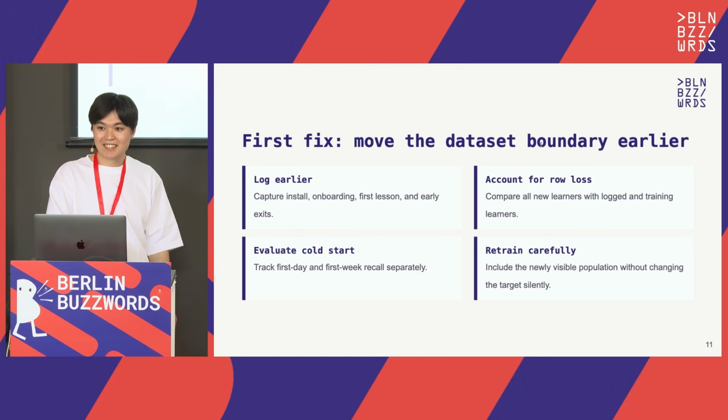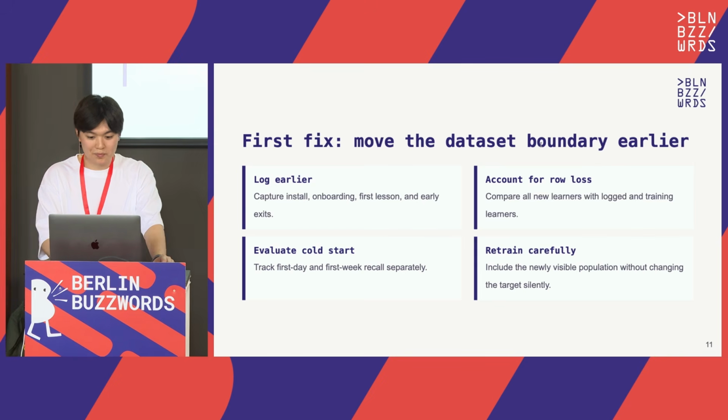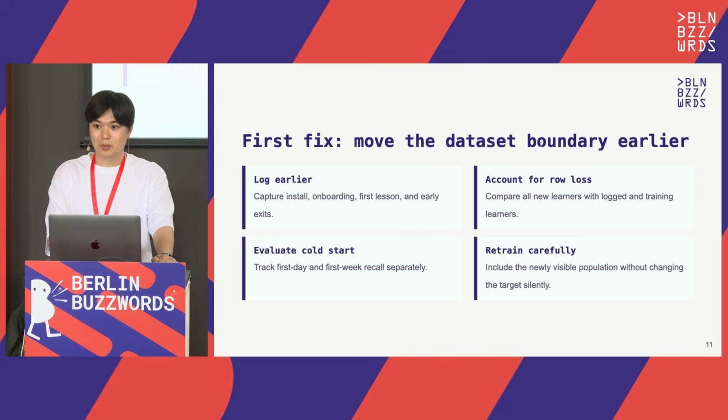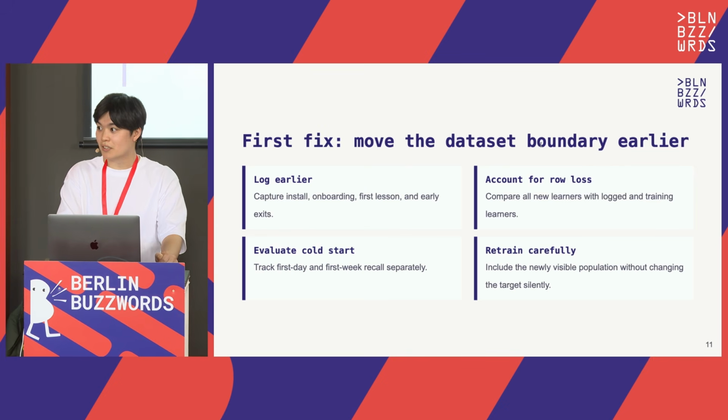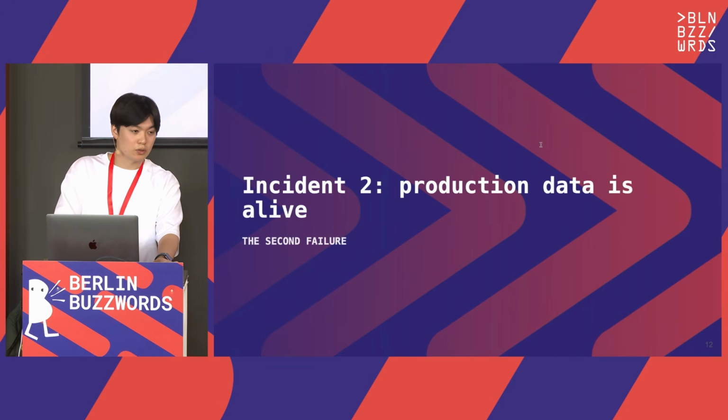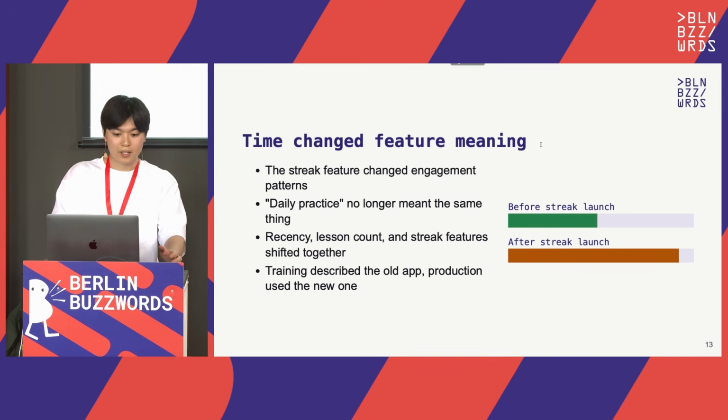After fixing the problem with the training data set, we added some logs and retrained the model, which showed better production results. However, it wasn't for so long because the product team launched a new feature, the streak.